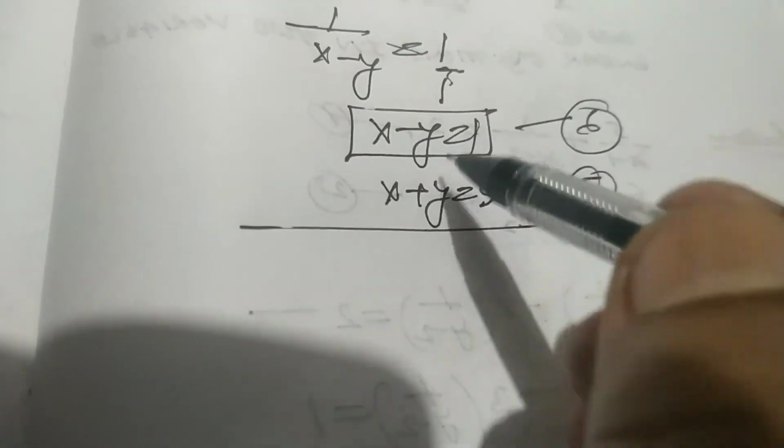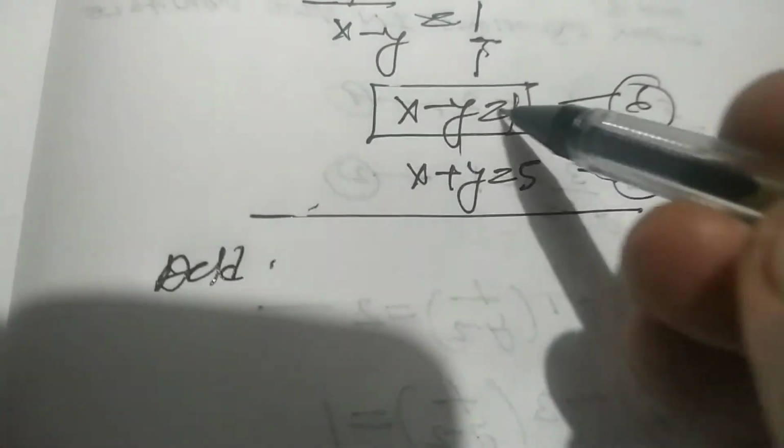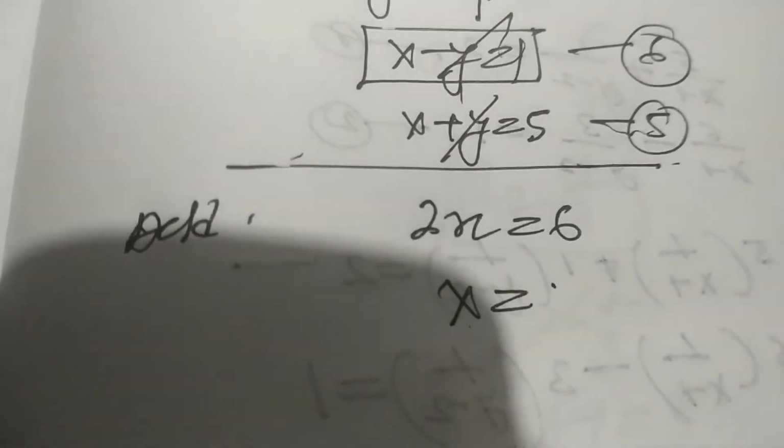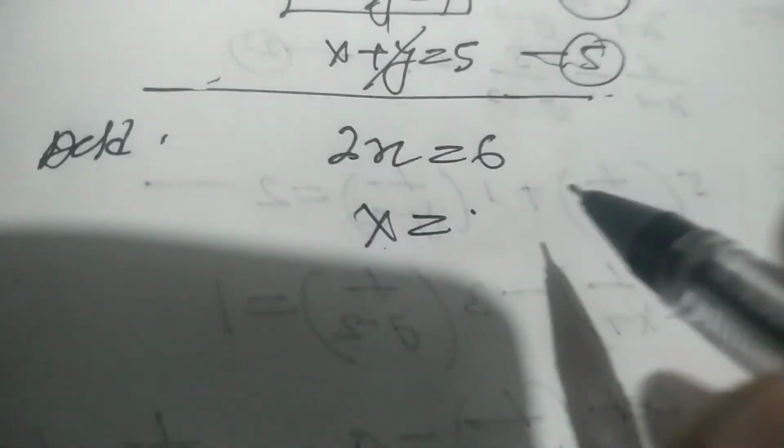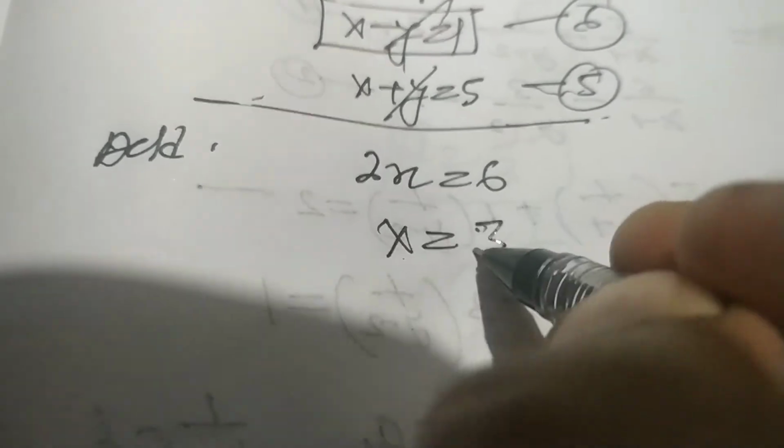Now solve these two equations. Here it is minus y and here plus y, we can add easily. This cancels out. x plus x, 2x is equal to 6. Then x is equal to 3.